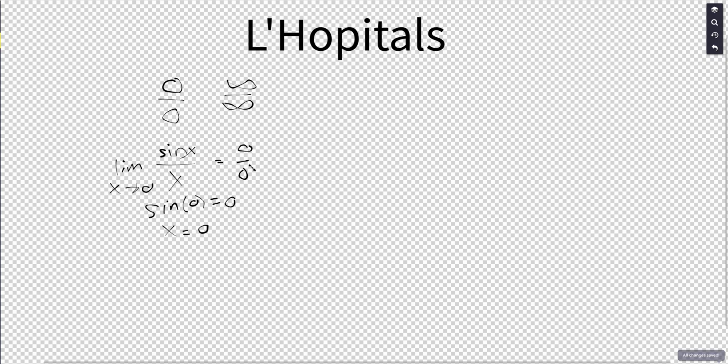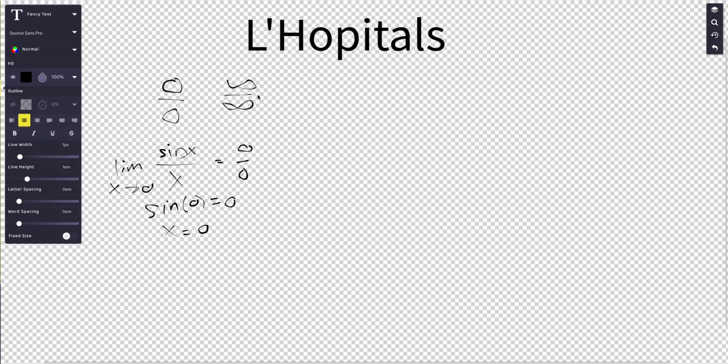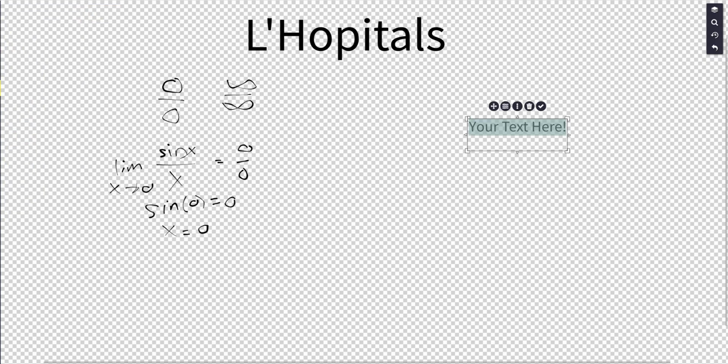Well, according to L'Hopital's rule and all limit theories, if you have 0 over 0, that's considered an indeterminate form. You can't have that. So what we would apply here is L'Hopital's rule. When we get into this form, we would say, since the limit, and we just state what the limit is, I'll just write sine x over x, but make sure you write the full term.